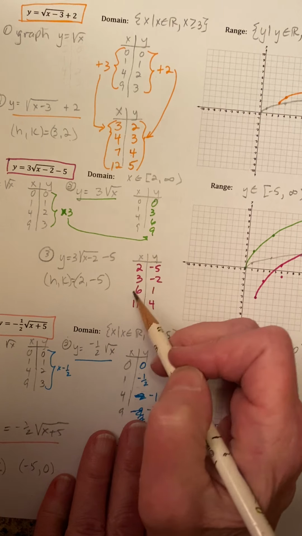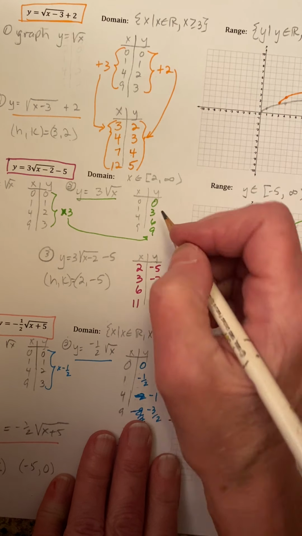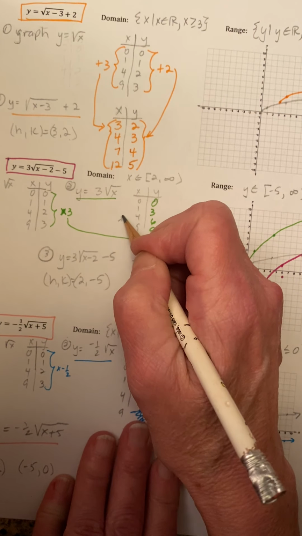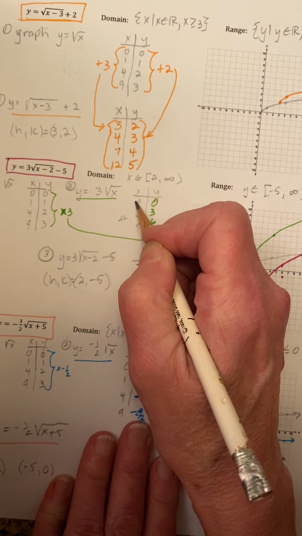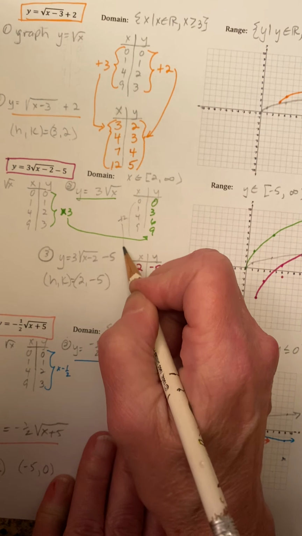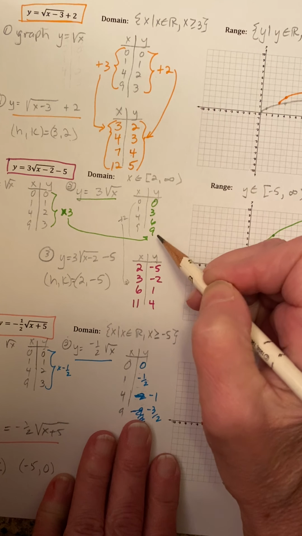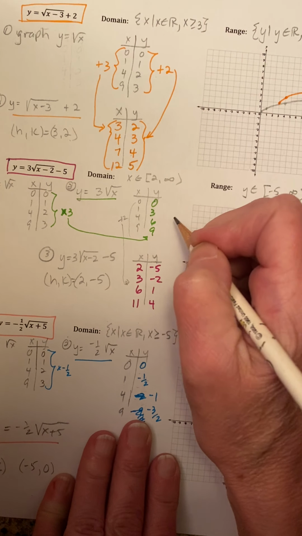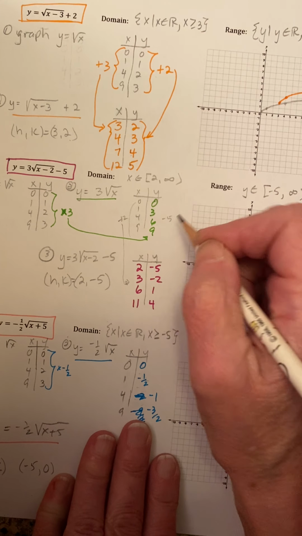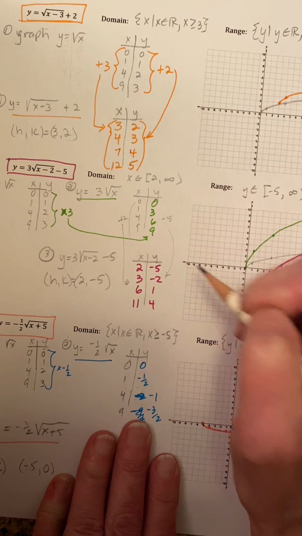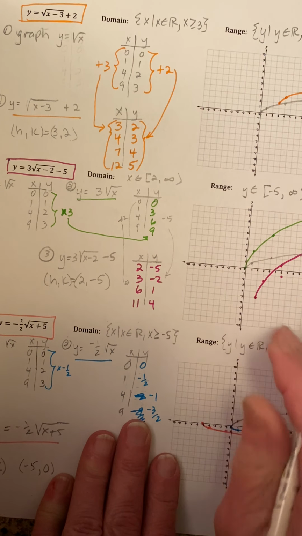So what did I do to get these? I should have written this up here. I added 2 to all of these, and those got me here. And what do you think I did to these greens? I subtracted 5 from all of those, and that got me to these y values.